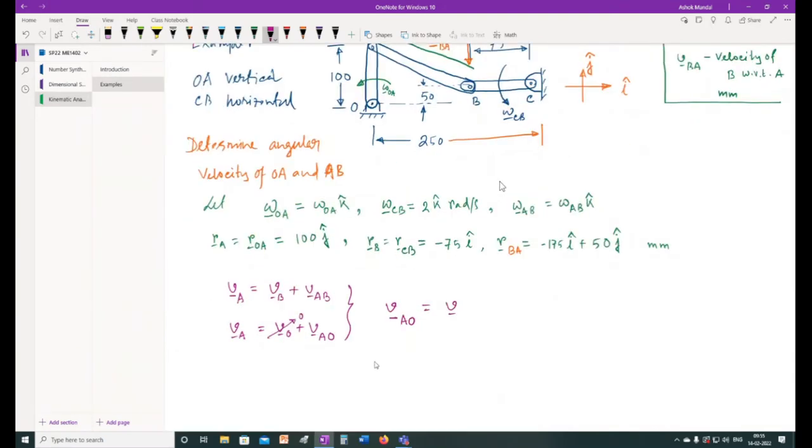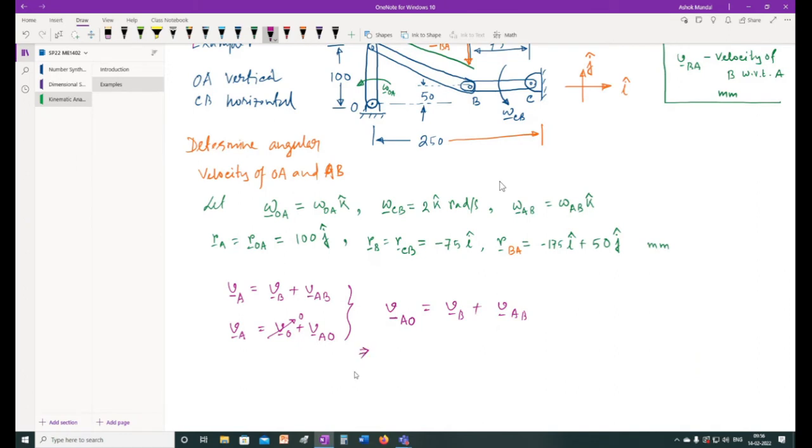That's what you do in your graphical method, and you will see the correlation between this analytical method and the graphical method. Let us complete this first. So this is equal to VB plus velocity of point A with respect to B.